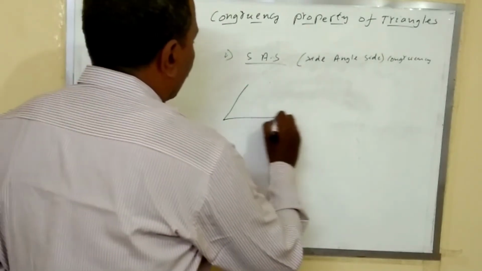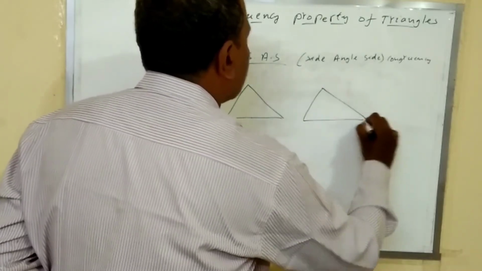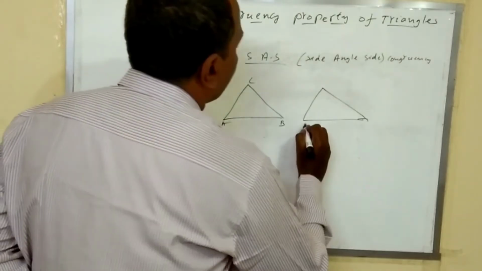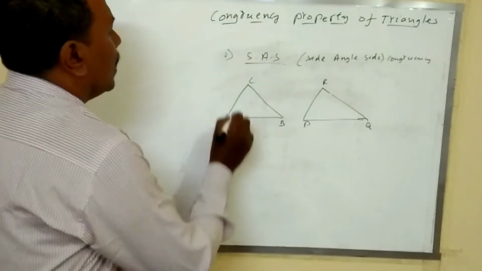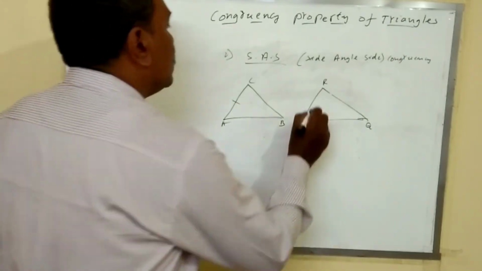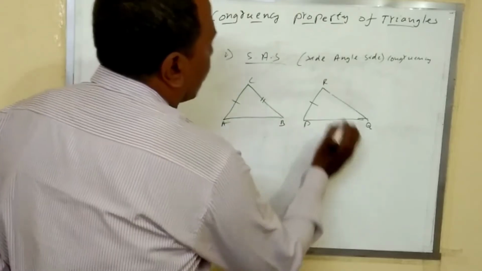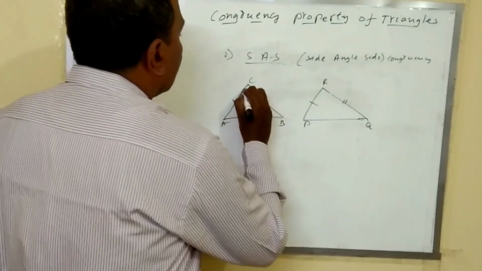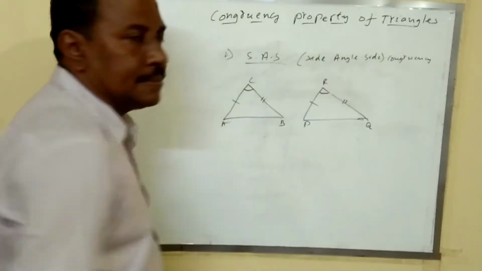Take two triangles ABC and PQR. AC single bar, PR single bar, BC double bar, QR double bar, and angle C single arc, angle R single arc.